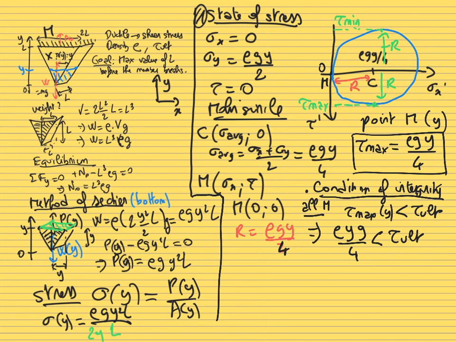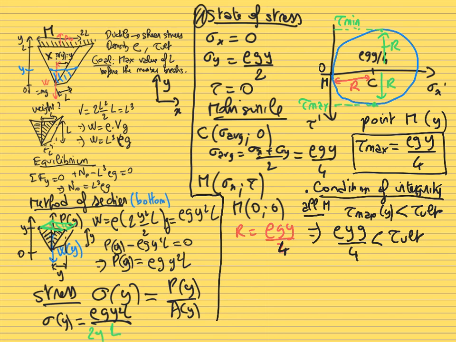This shear stress, for all the points M, whatever the value of y, needs to be smaller than the ultimate shear stress. So the only thing we need to worry about is what is the point y at which this shear stress is the maximum.